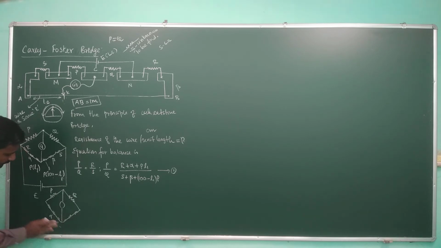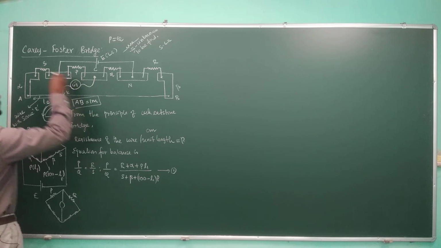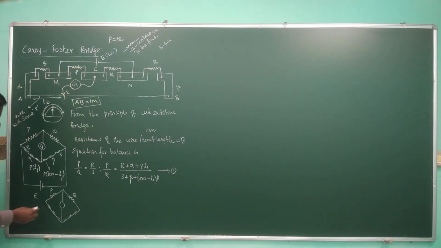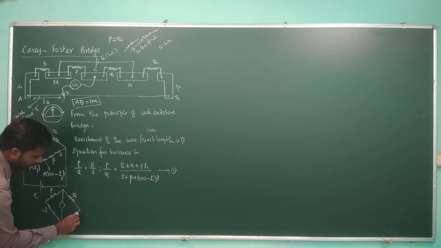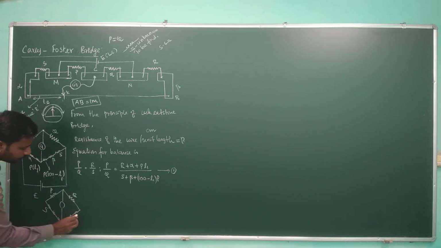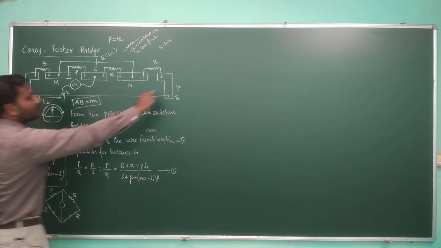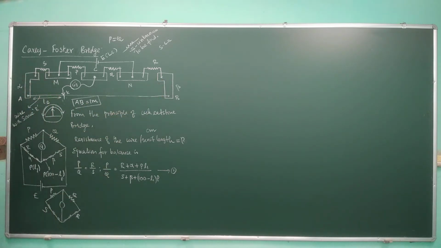Now what we are going to do is, earlier R is here, S is here. Now we have interchanged, so in the place of R now S will come, and in the place of S now R will come. But the resistance of strip A and strip B is not going to change.